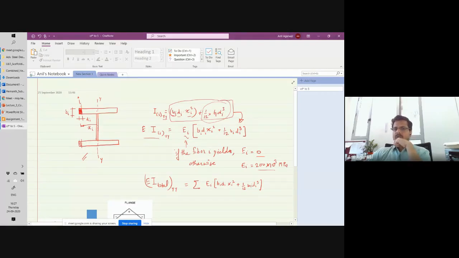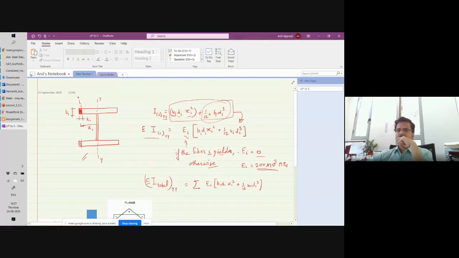Now, if we keep increasing the strain in the cross section, some of the fibers will start yielding. If fiber i has yielded, then you take E as 0. If it has not yielded, then you take the original E, which could be 210 times 10 to the power 3 MPa, 200 GPa or something.